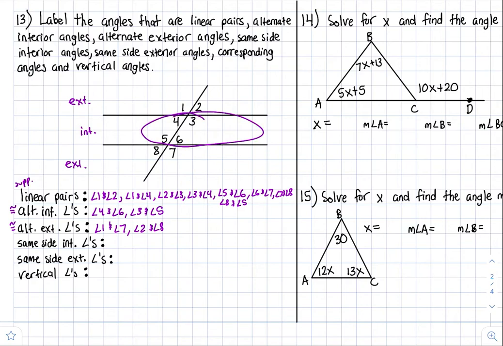Here's the interior angles region, and same side is in context of the transversal. So these are on the same side, and these are on the same side. So angle 3 and angle 6, and angle 4 and angle 5. And these are supplementary. Remember, supplementary means the two angles add up to 180.